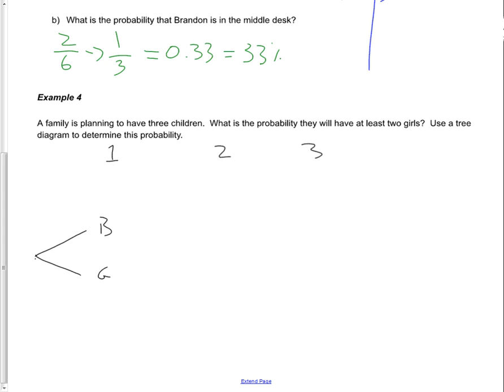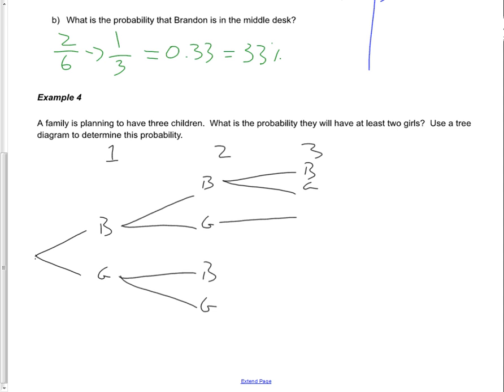If your first child is a boy, your second child can be either a boy or a girl. If your first child was a girl, your second child could be either a boy or a girl. Your third child could be either a boy or a girl as well. We just want to map out all of those possibilities.